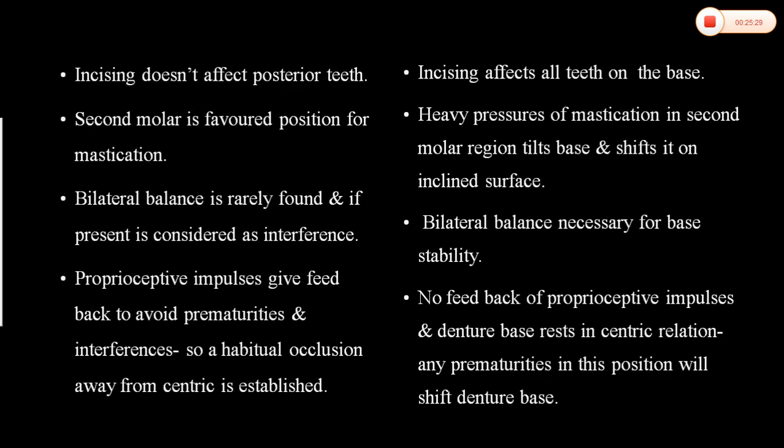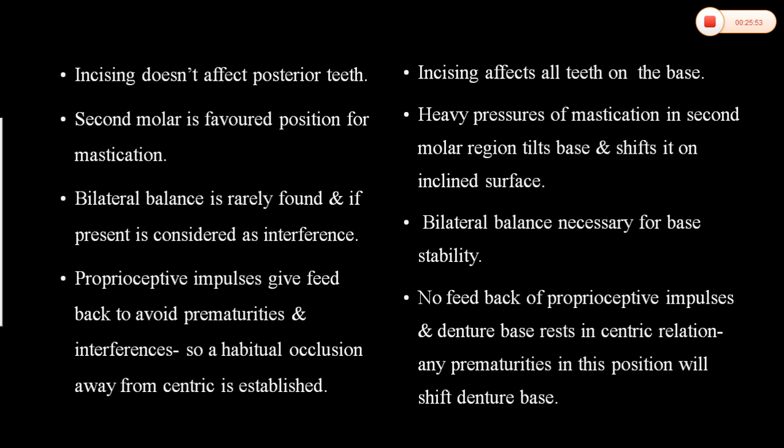And incising does not affect posterior teeth. So when natural teeth are there, if you bite on an apple, it does not have any effect on the posterior teeth. Whereas with the denture, if the patient bites with the anterior teeth, posteriorly the denture bases will lift. So incising affects all the teeth on the base.